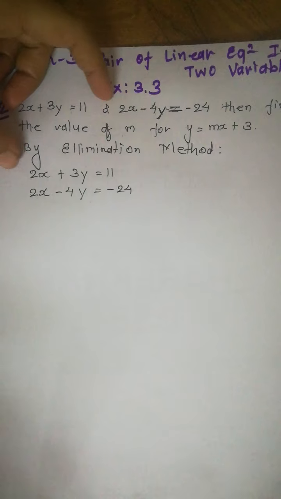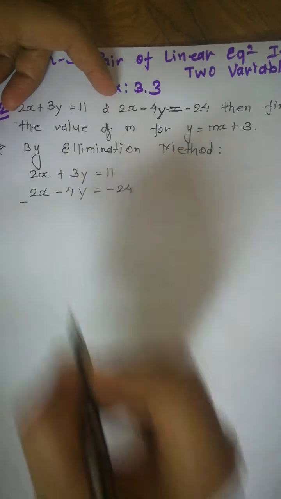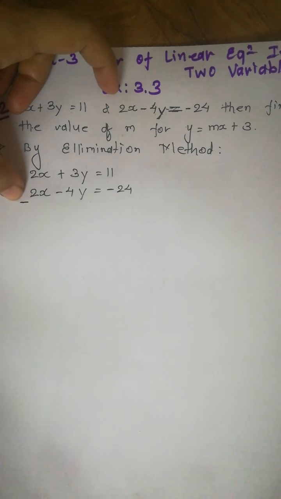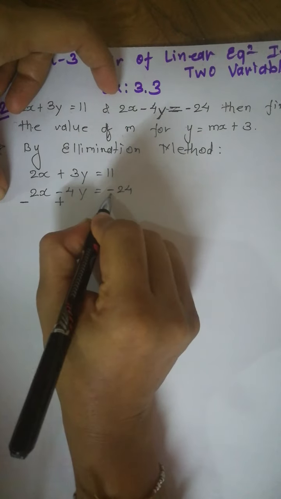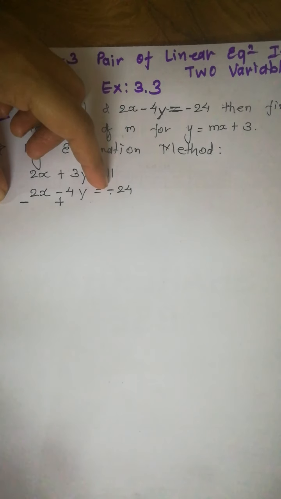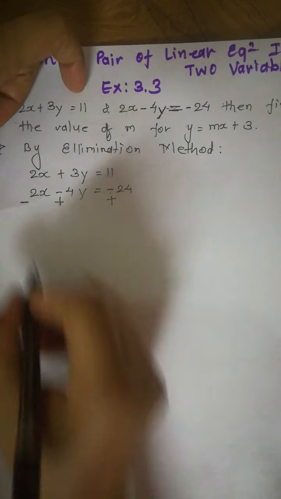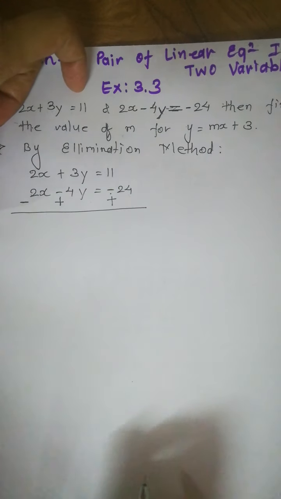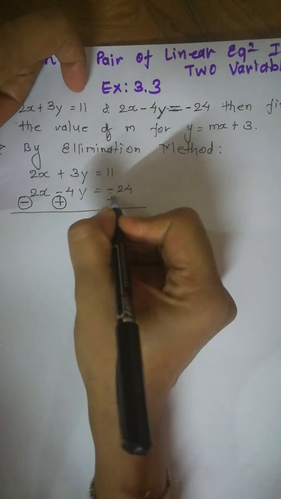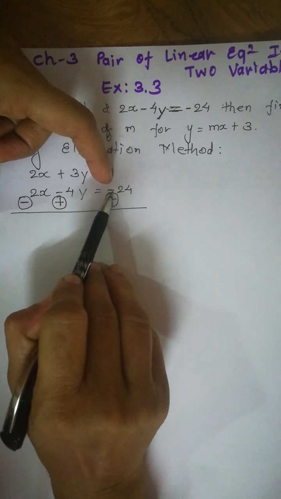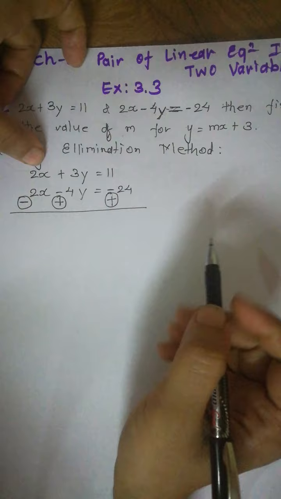Now we subtract the second equation, that means we reverse its signs: minus becomes plus, and minus 24 is converted into plus 24. Now we consider only the lower sign and subtract.